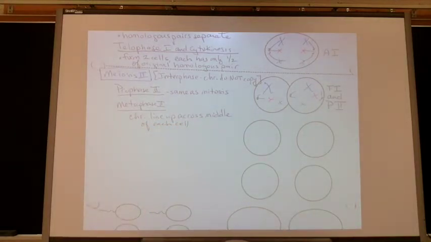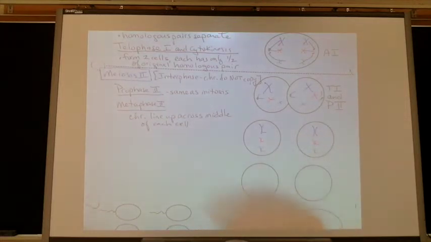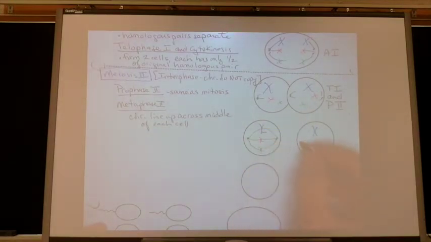So that gives me a blue one here and here, a red one here and here, and there's my green one. What else do I need? Oh, I need centrioles. And this time the spindle fibers will connect from both sides because the sister chromatids are going to be pulled apart. I also have spindle fibers that would be going all the way across, just like we had in mitosis, but I'm not going to draw those just because it gets a little bit crowded. What is the name of this phase? This is metaphase 2.